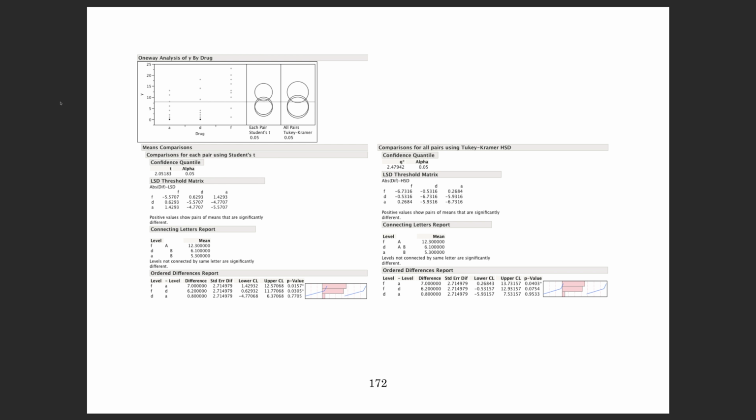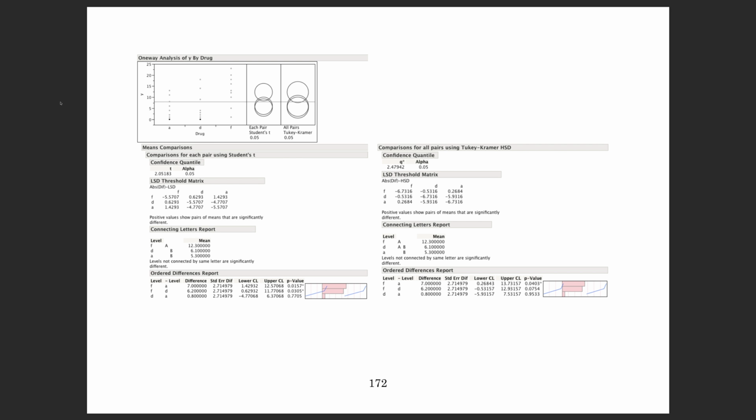And if we look at the bottom part on the left, it's showing us the confidence limit for the difference. So the difference between D and A is 0.8. The standard error of that difference is 2.7. So the confidence interval goes all the way from minus 4.7 something up to plus 6.37. So you can see it's a very wide interval that clearly contains 0.